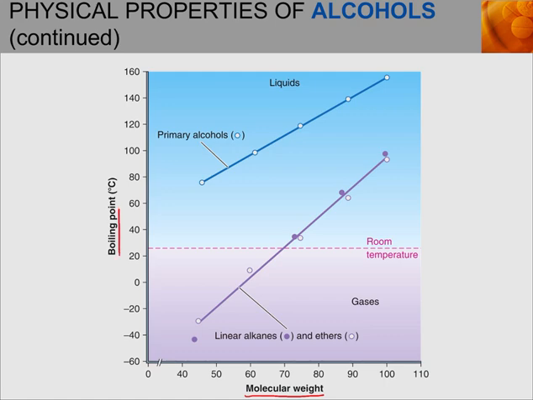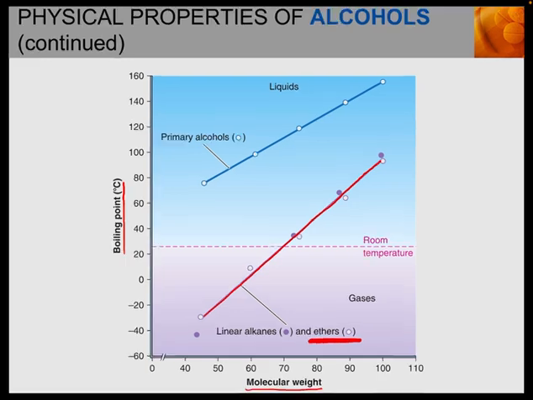And then the boiling point is on the y-axis, and that's increasing going up. So at the bottom here, we have alkanes. And you can see that the boiling point increases with molecular weight. Ethers are also in this section here, but we're going to ignore them for now because we haven't really talked about ethers yet. But ethers have really similar boiling points to alkanes.